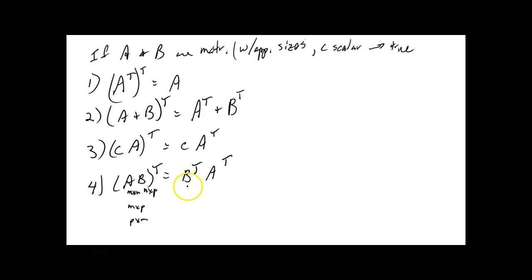P by N. And what's the size of A transpose? N by M. And guess what? You can multiply those, or you couldn't do it if you had put them in the same order they were. And what size do you get? P by M, which is the same size as this. Now that doesn't show they're the same. It means they're the same size, but what we showed before and what they're telling us here, not only are the sizes the same, the matrices are the same. Okay? So you see you've got to change the order of B and A.